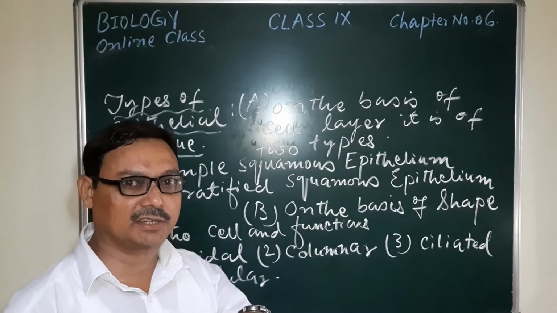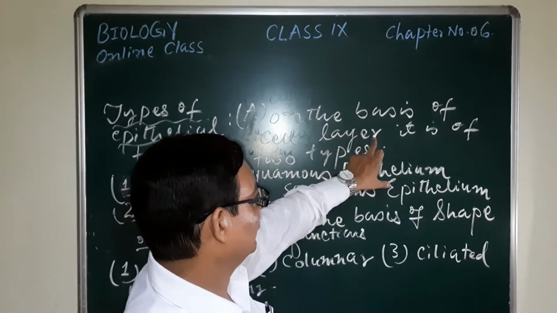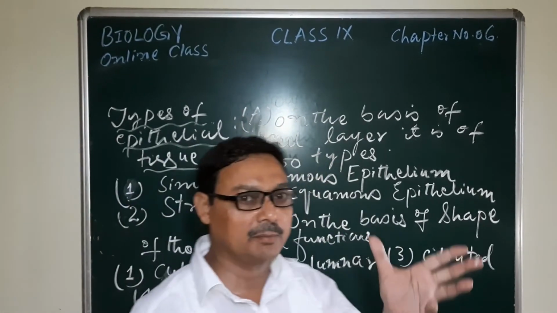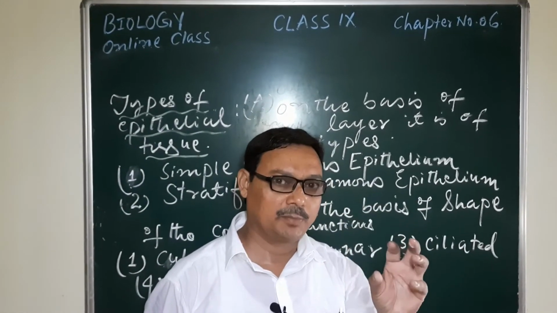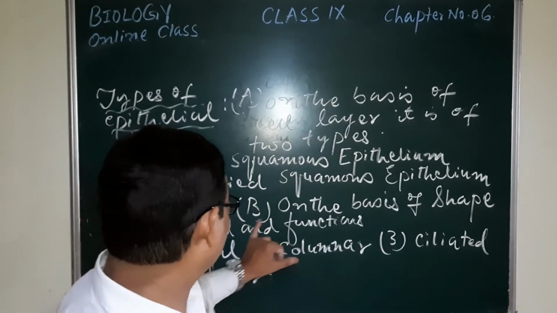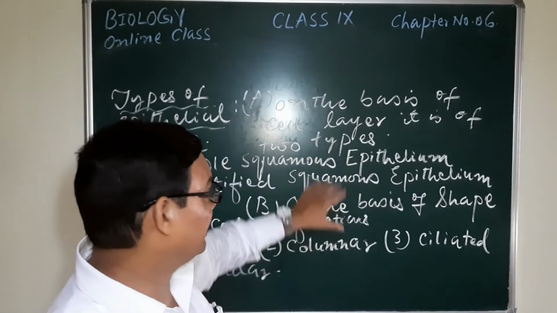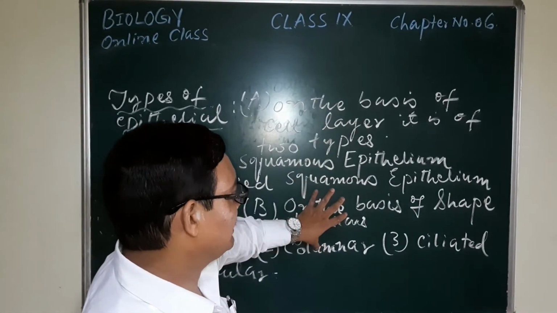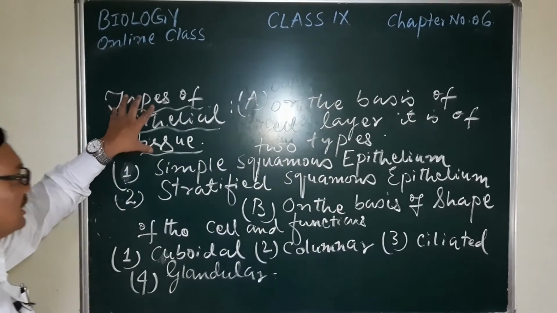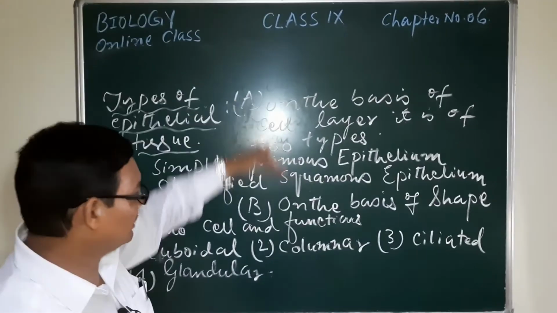The first criterion is the cell layers present in the epithelium, and the second important criterion is the shape and function of the cell.